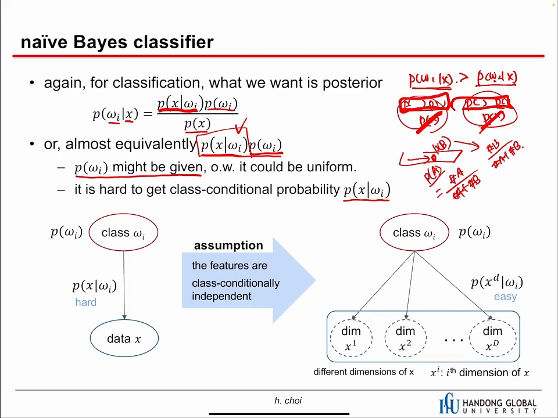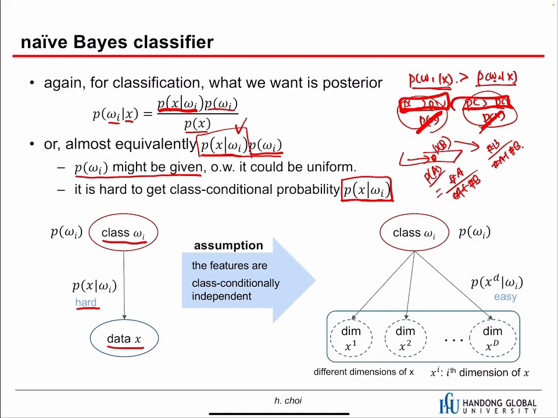The original problem is this one. We have to estimate this probability, which means given this class and we have data x, what is the probability? The probability of x given the class. That's hard.